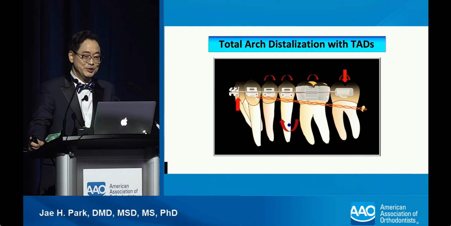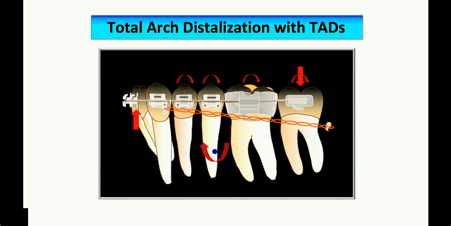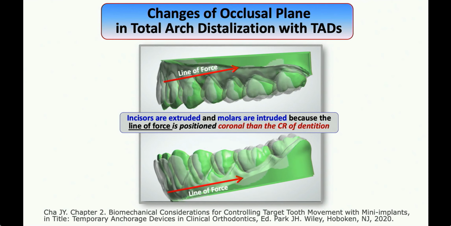During total arch distalization around the center of resistance, there is a moment which produces extrusion of the anterior teeth, intrusion of the posterior teeth, and tip back of the posterior teeth. In my book, let's take a look at Professor Chung's chapter.